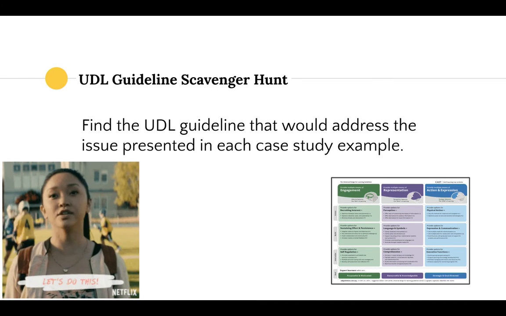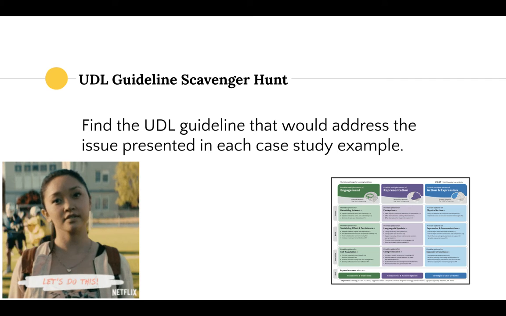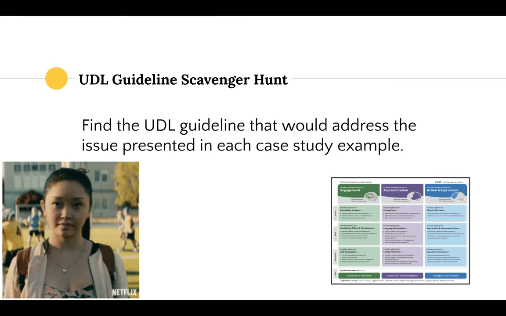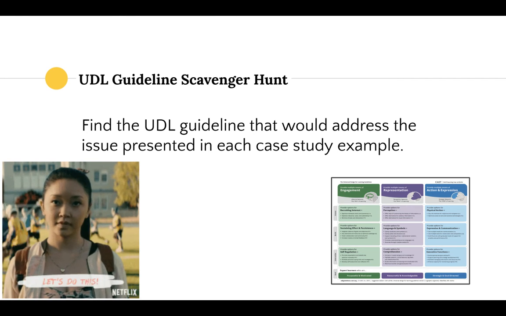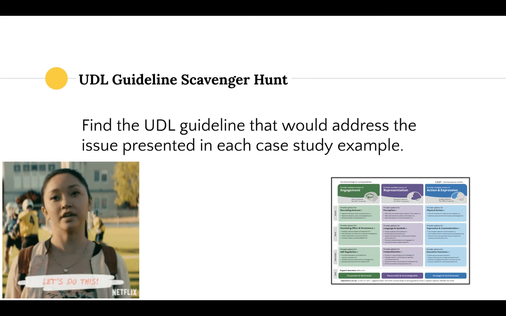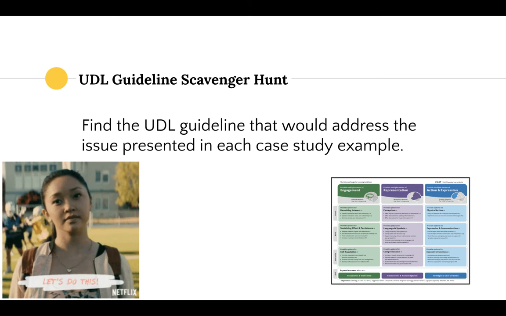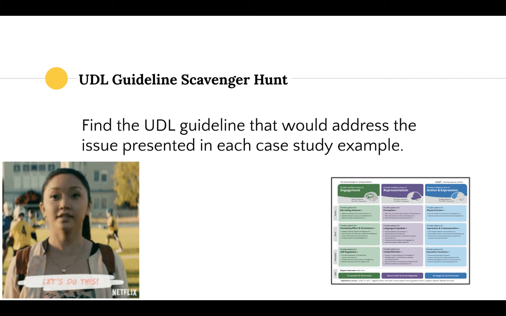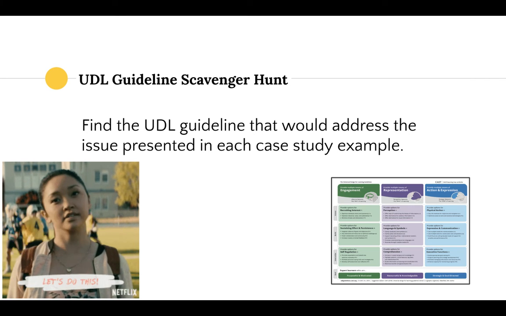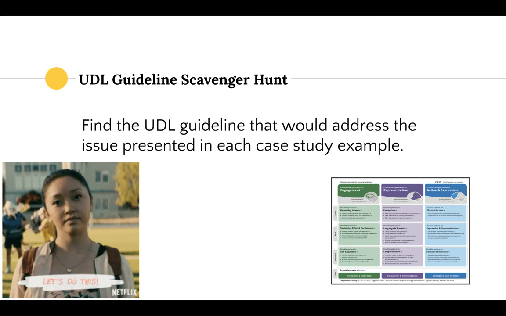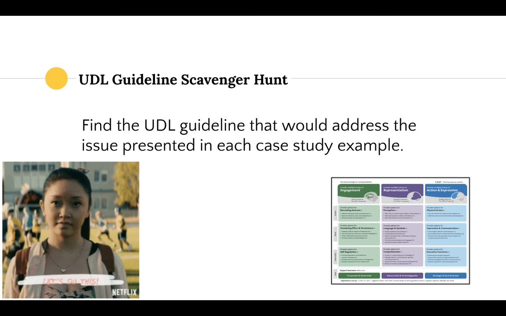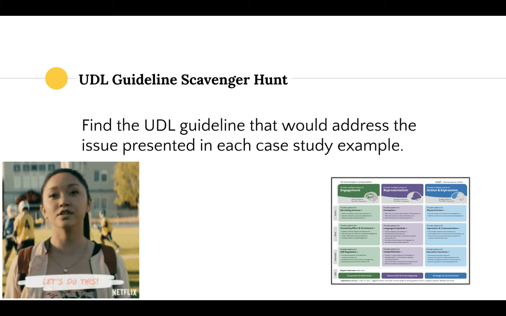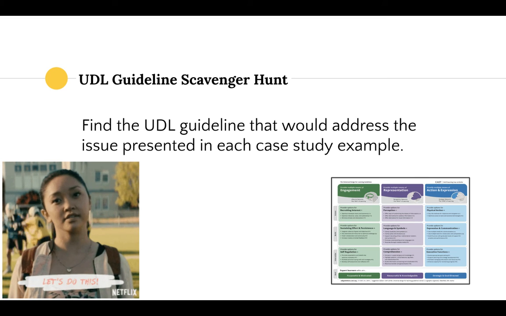So, what we're going to do, and I'm not going to talk through these, but if you have access to the Universal Design for Learning guidelines with engagement, representation, action, and expression, you're going to find the UDL guideline that would address the issue presented in this case study example. And even the little gifts of "To All the Boys I've Loved Before," that's a subtle engagement strategy for our high school students.